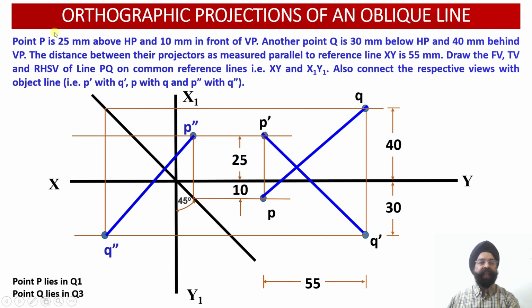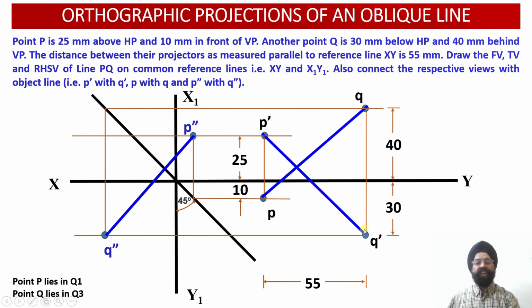Where does it lie? 25 mm above HP and 10 mm in front of VP. And where does point Q lie? 30 mm below HP and 40 mm behind the vertical plane. So this way the right hand side view projections have been obtained.